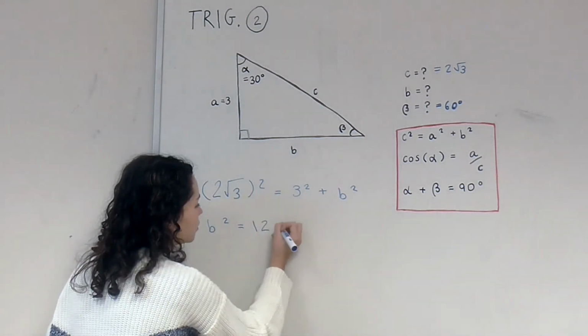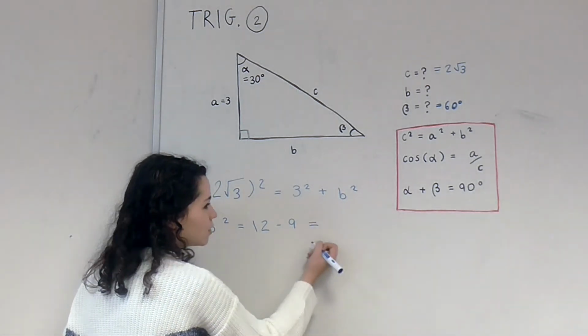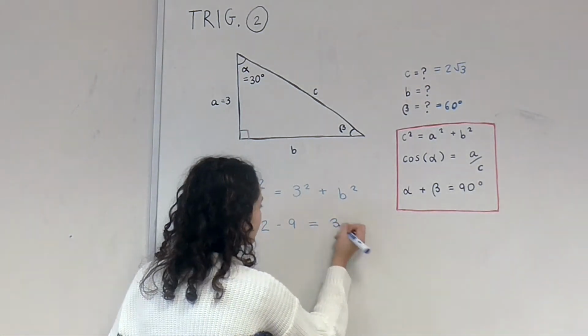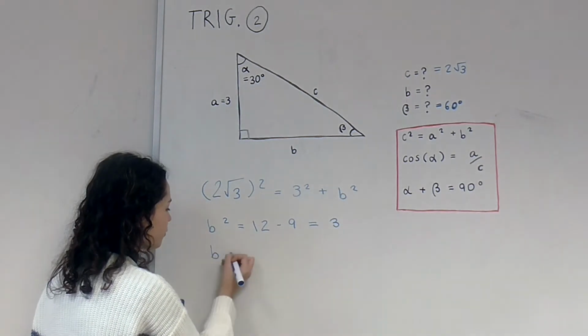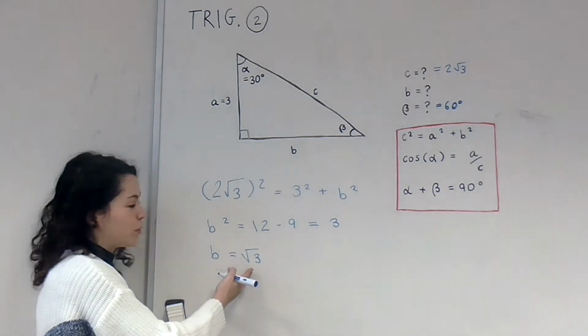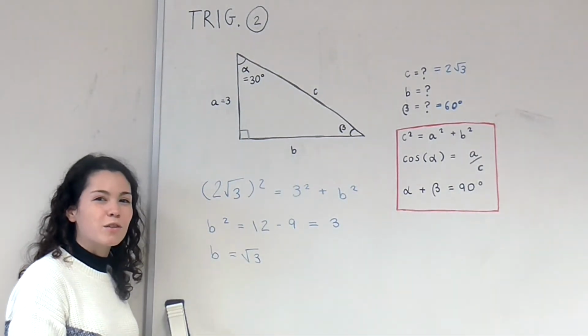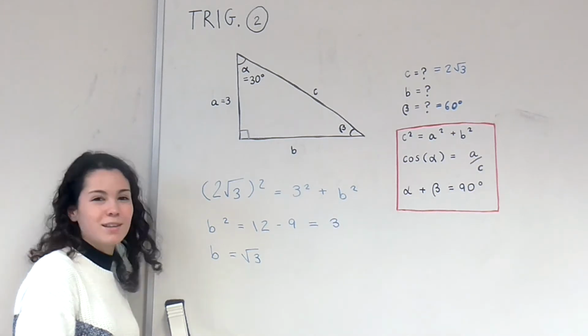This is just going to be equal to this, which means that if you do the square root to get B, you just get square root of 3. So this is the value of your B, and you can finish the last step of the exercise.